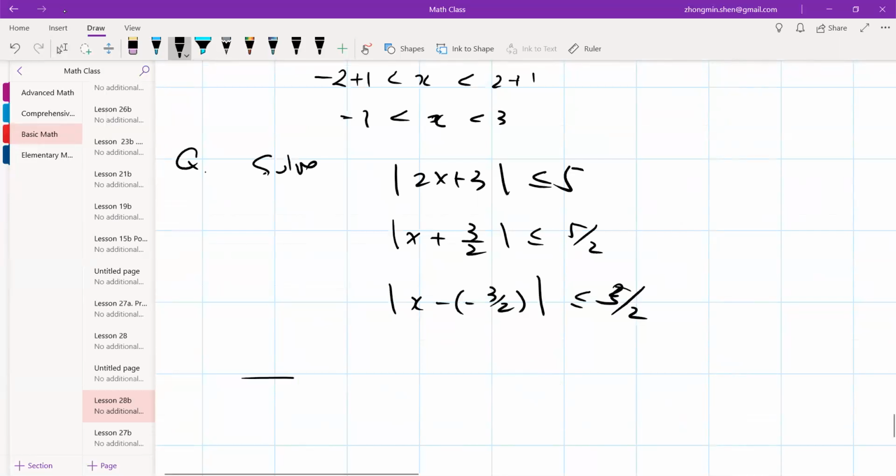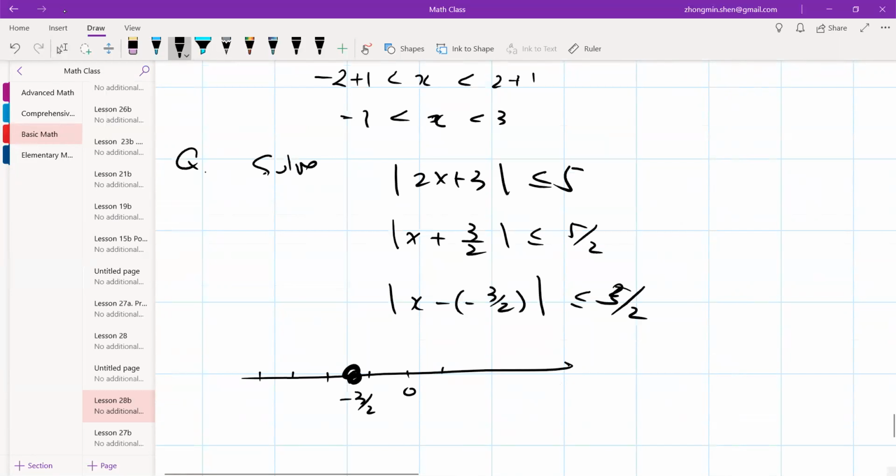So if you look at the picture, negative 3 over 2 is here. So this is my point. The distance between x and that point is less than or equal to 5 over 2. And 5 over 2 is 2.5.